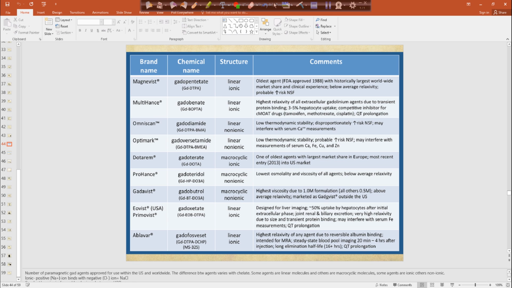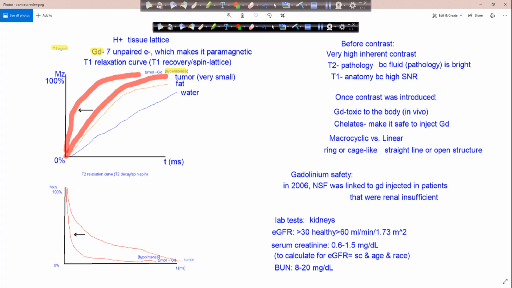Multihance, this is a linear ionic agent. This has the highest relaxivity. Do you remember when we talked about relaxivity? Relaxivity is when we are shifting this curve over to the left. High relaxivity agents are able to shift this curve over more, compared to low relaxivity agents, which won't be able to shift this curve over as much.